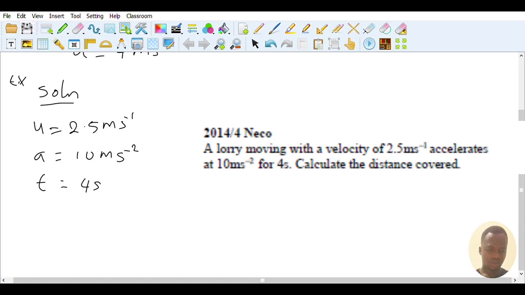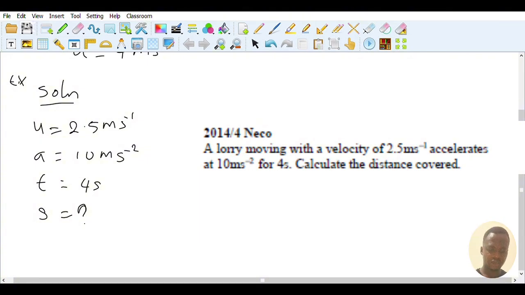Okay, so for distance, we have u, we have a, we have t, and we're required to calculate S. So notice here that there is no clue to finding the final velocity. They didn't say the final velocity, or that it was brought to rest.